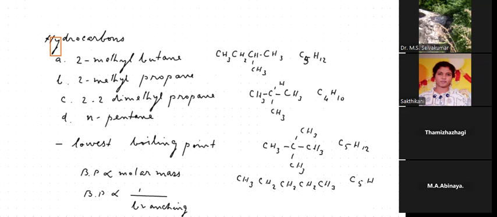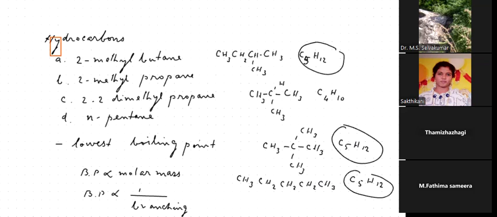So when molar mass increases, boiling point increases. Therefore, the boiling points of these compounds are high. So the only compound with less molar mass is this. So this is the answer. Suppose if this answer is not given, then that compound with more branching will have the least boiling point.